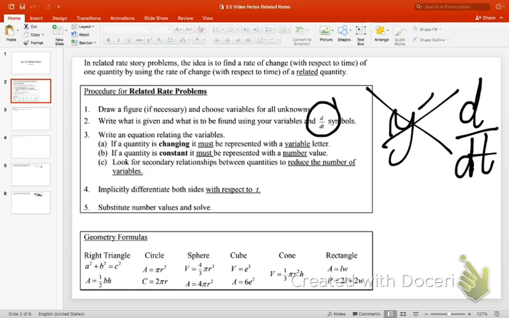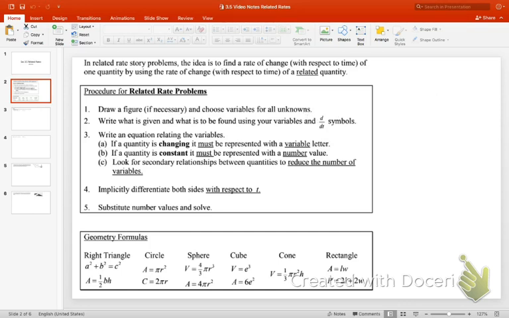You're going to write an equation that relates the variables. If the quantity is changing, it must be represented with a variable. So if it's changing, it needs to have a variable associated with it. If it's constant, you're going to put a numerical value.